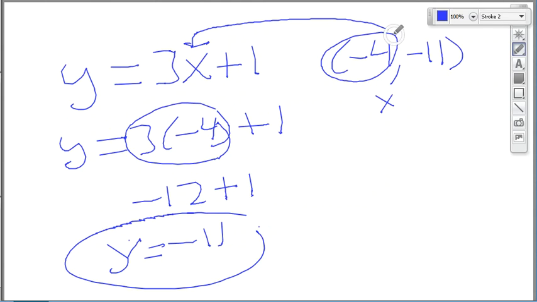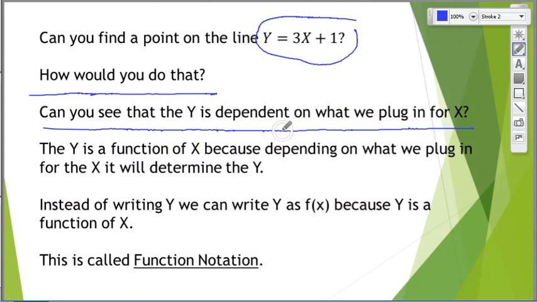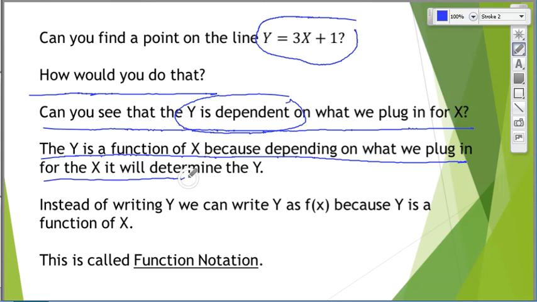When we plugged in negative 4 for the x, our y was equal to negative 11. So our y was always dependent on what we plug in for x. So we can say that y is a function of x, because depending on what we plug in for x, it will determine the y.